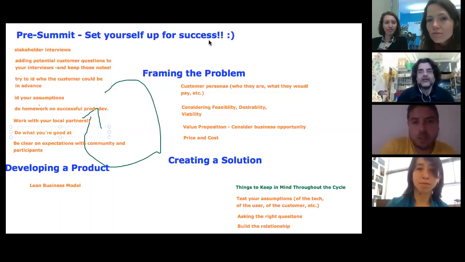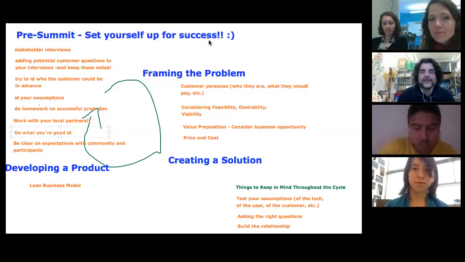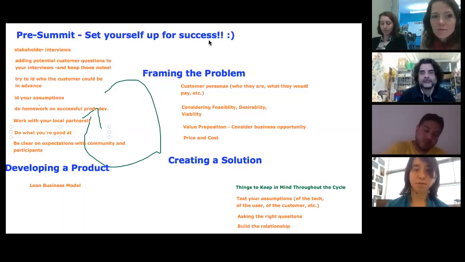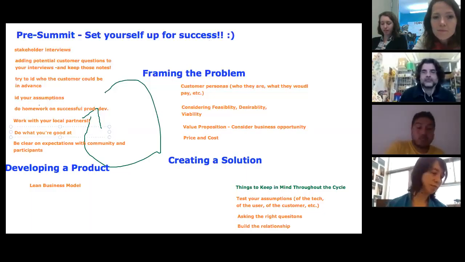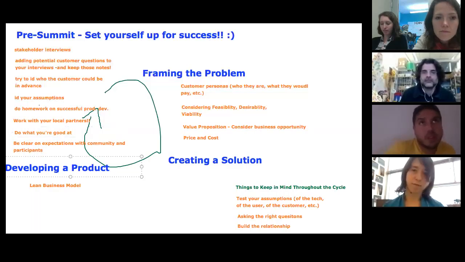Do homework on software product development before the summit. Three months before the summit, one good thing the organizers could do is let participants know about the project, and if possible, which participant is going to work on each project.